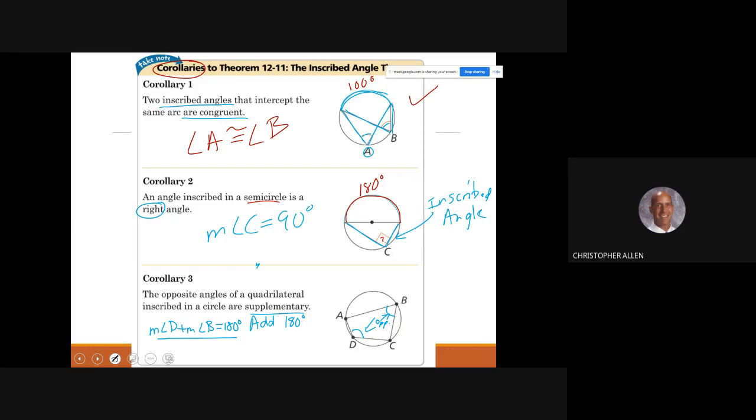Nope, they're not central angles. Okay, I'll show it to you. In fact, let me show it to you and not use any words. Listen carefully. We're trying to show that angle D and angle B add up to 180, correct? I'm going to try to show it to you without using any words, and then maybe someone will say, oh, okay, I got it.